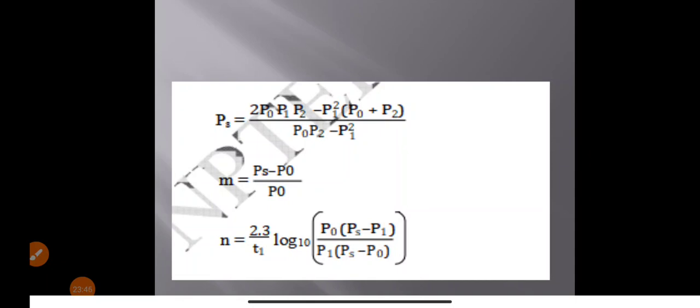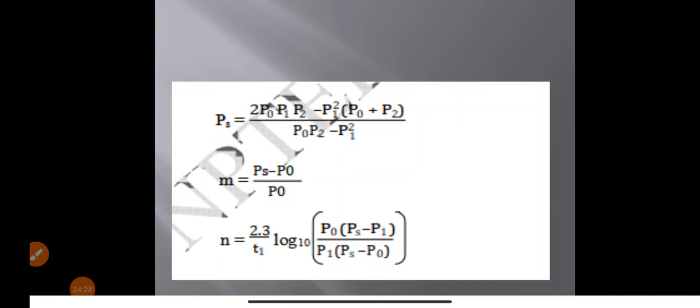PS, the saturation population, is equal to 2 into P naught into P1 into P2 minus P1 square in a bracket P naught plus P2, divided by P naught P2 minus P1 square. Very simple. So only the populations are used.